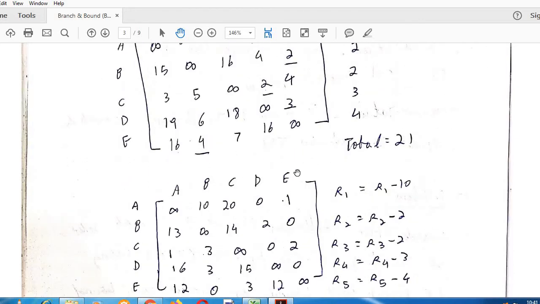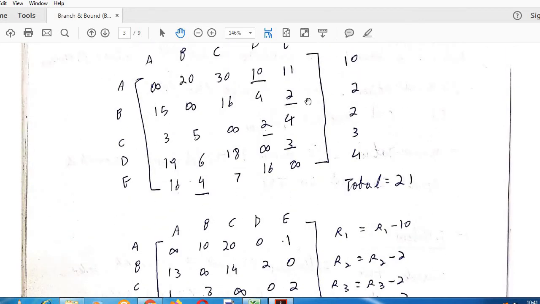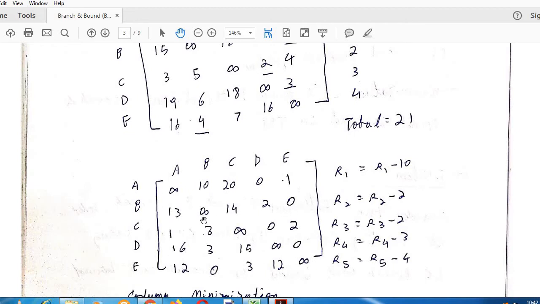Similarly, I will subtract the second row elements with the minimum value 2. So 15 minus 2 gives 3, then infinity minus 2 will always be infinity, it won't change. Then 16 minus 2 I get 14, 4 minus 2 I get 2, 2 minus 2 is 0. As you can see, that is what I get.